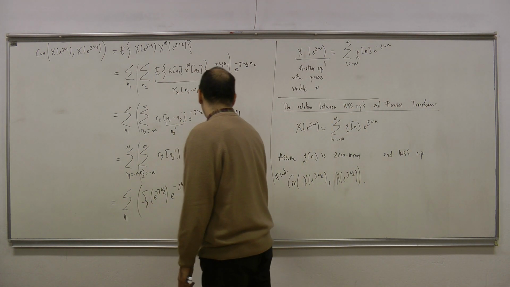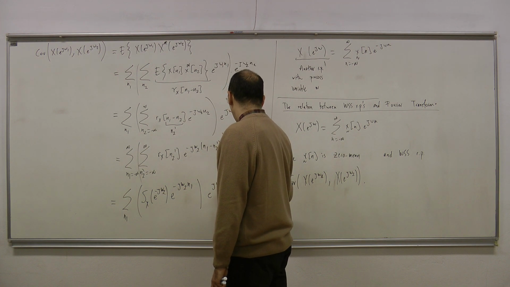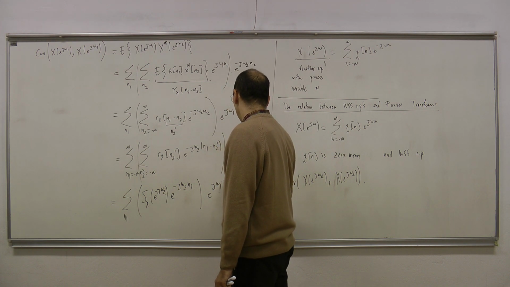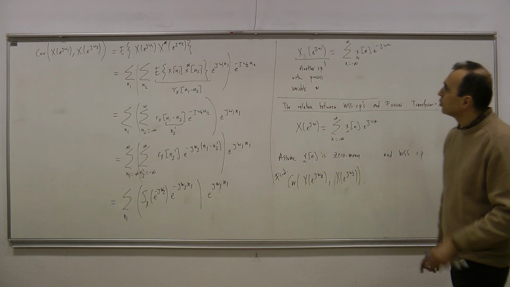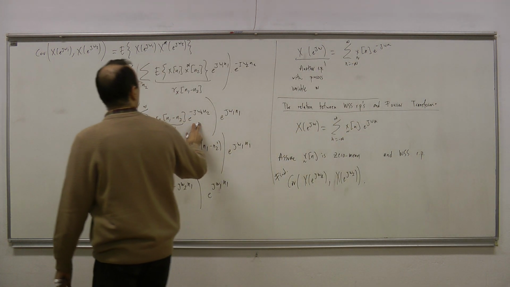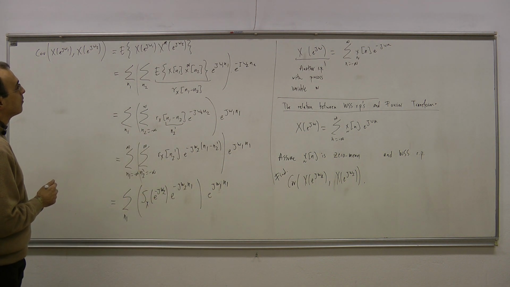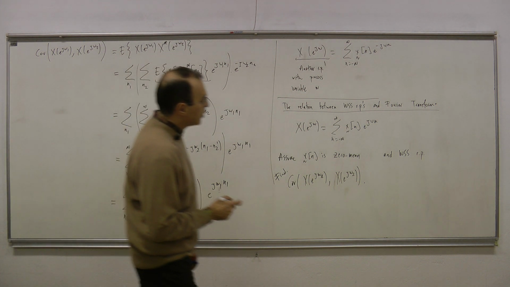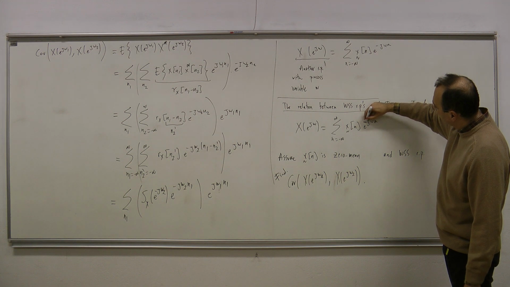So this is this bracket. E to the j omega 1 n1. I get something like that. So why do I have this minus over here? Let me see. Rx n1 minus n2. Because of my earlier mistake over here, I guess.